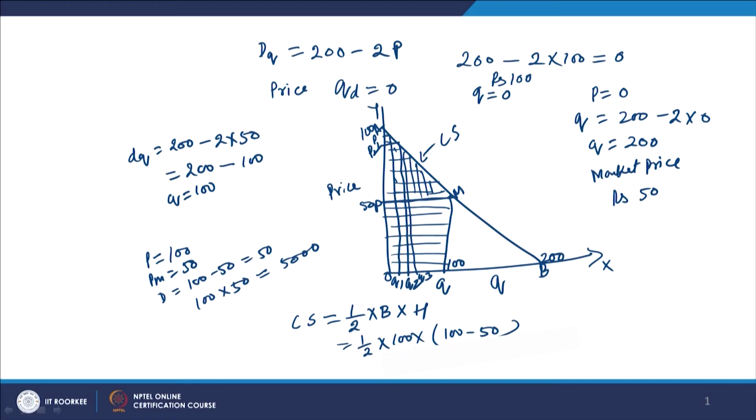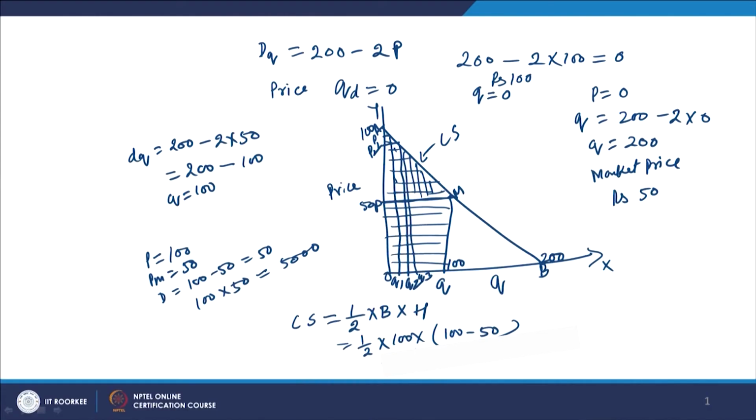So, consumer surplus can be estimated, but in this example we arbitrarily take the market price, but in reality market price is determined by the interaction of supply and demand. I will take this issue later on when I explain the equilibrium price and equilibrium quantity by taking both the curves, supply and demand.